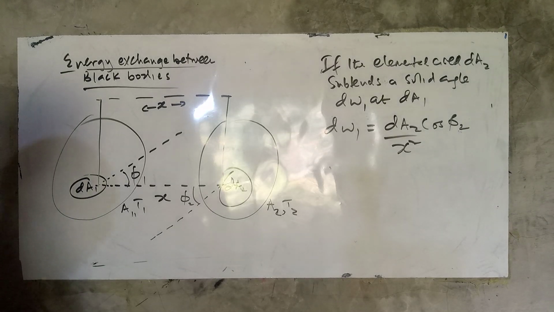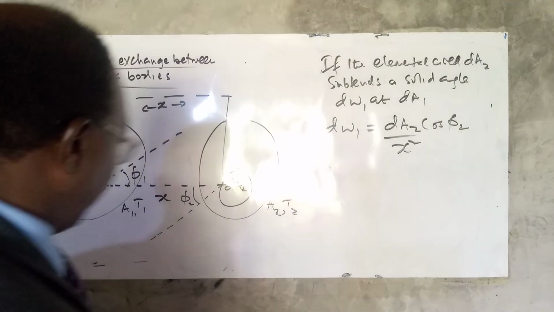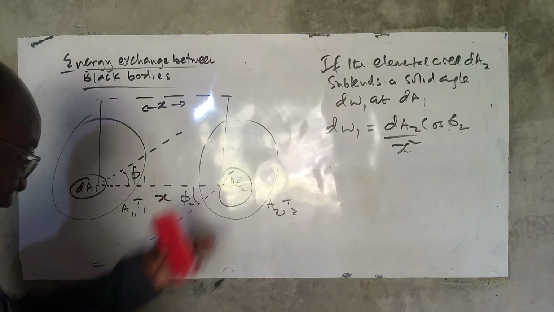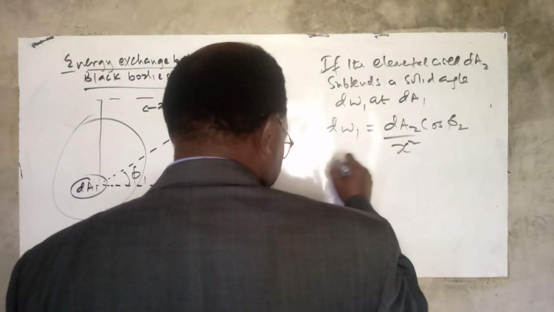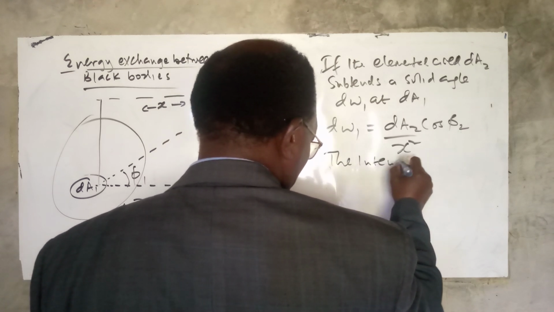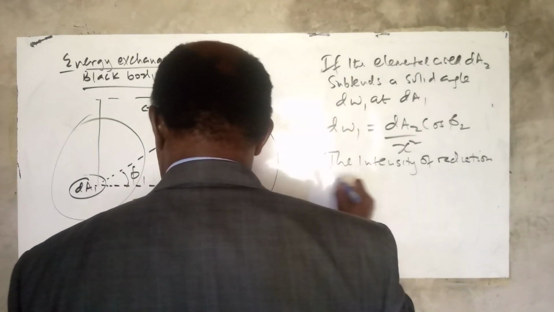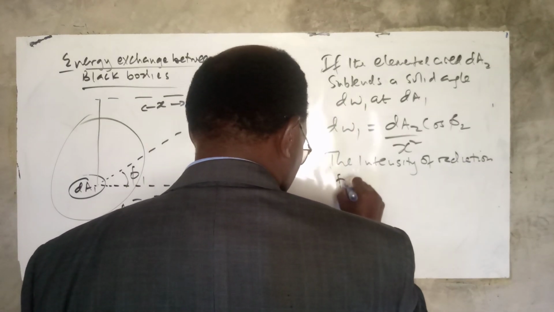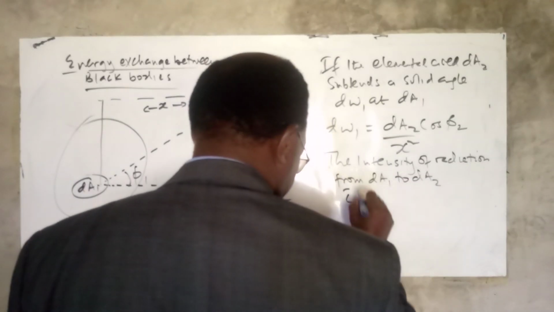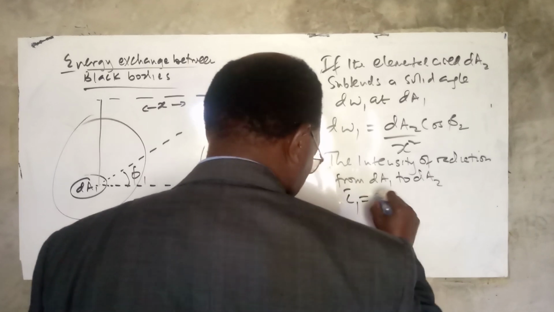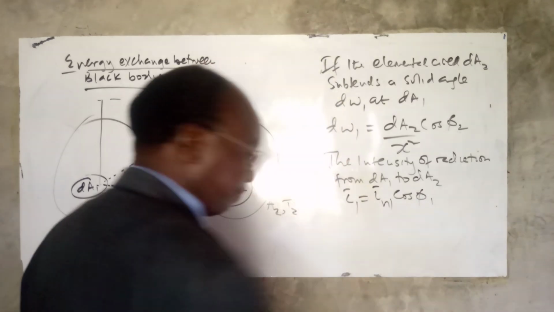Similarly, the intensity of radiation from dA1 to dA2 can be gotten just the same way we did in the others. The intensity of radiation from dA1 is given by I cosine phi 1.